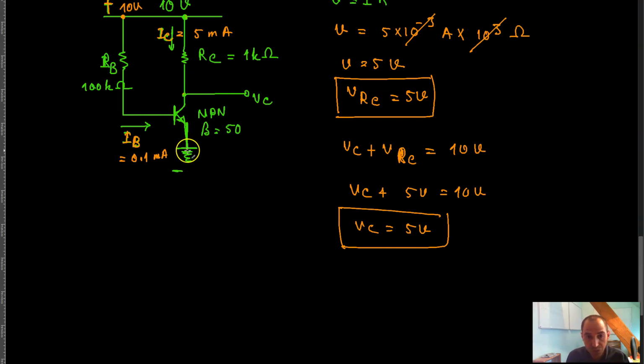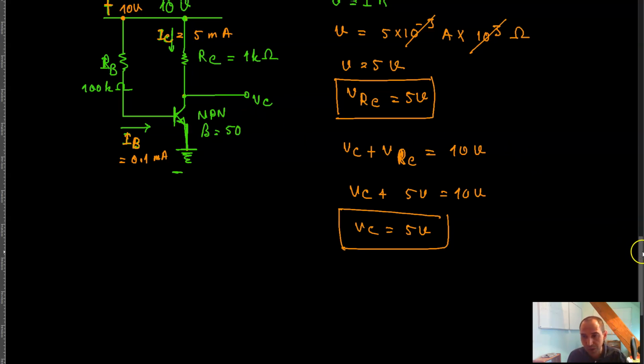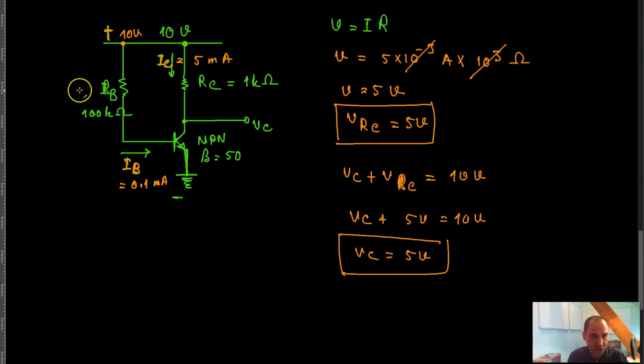Now we saw that with these values for R of B, which is 100 kilo ohm, and R of C, which was 1 kilo ohm, and the beta of the transistor was 50, and of course the beta has no units because it's a ratio, right?